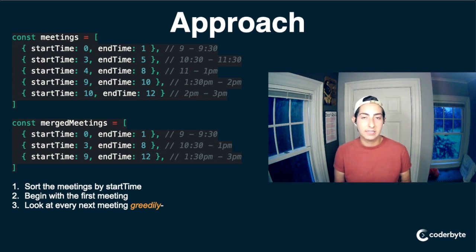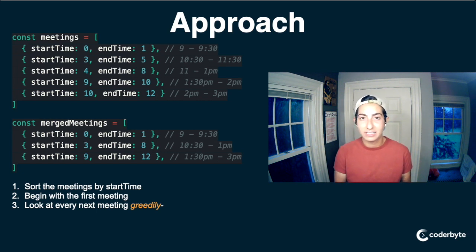And why greedily? This is a greedy algorithm. The thing that makes this greedy is that we take the next best answer and we use that as our answer until it's no longer the next best answer, right? So like I said, here we take the first meeting and we add it to our merged meetings until we get one where the end time is later.